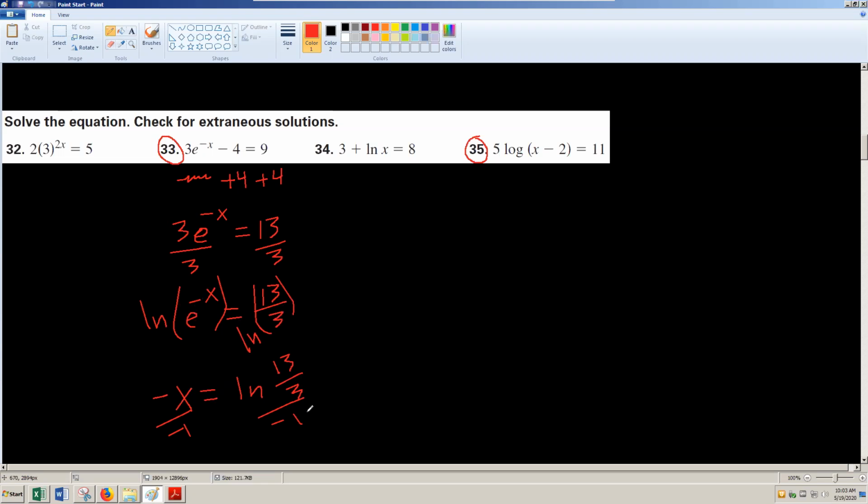Or you can think about it as multiply by negative 1. And so my final answer will be x equals negative natural log of 13 over 3. To test that, you can plug it back in exactly like this.